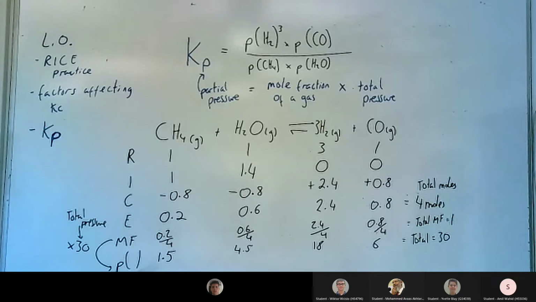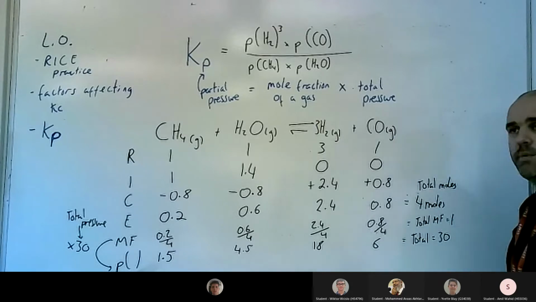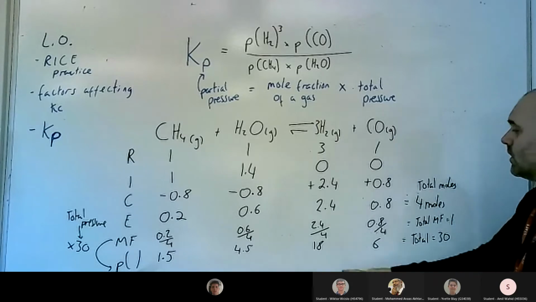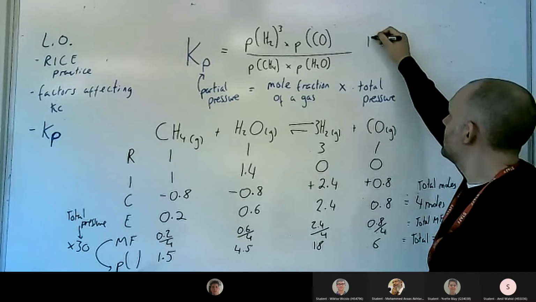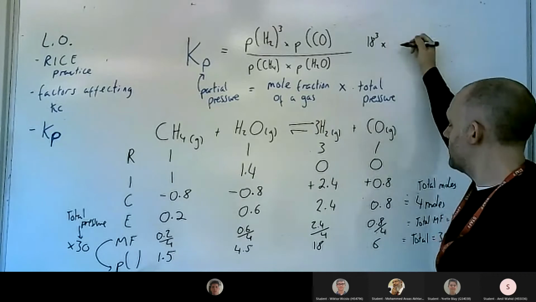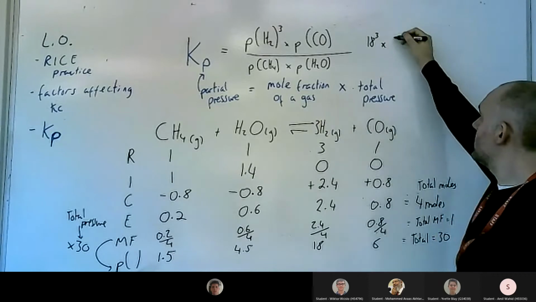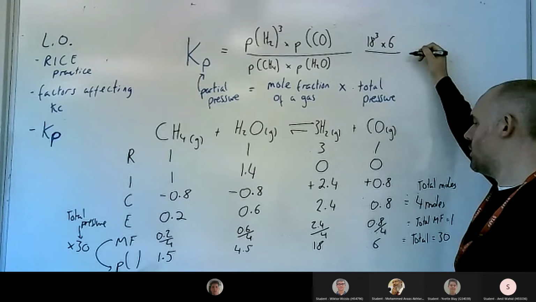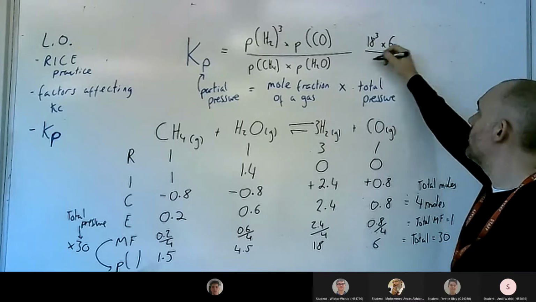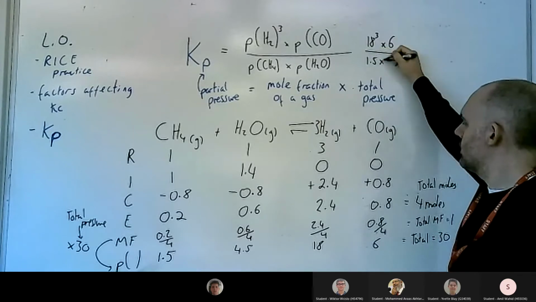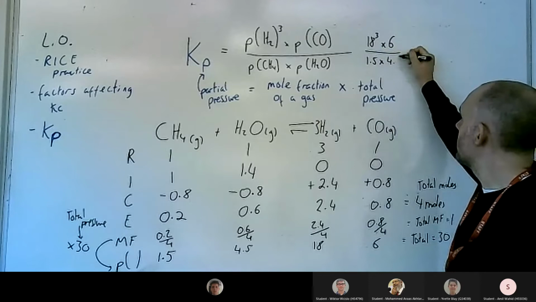Then you substitute those numbers into the top bit. After all that hard work, make sure you put the right one in the right place. So we've got 18 cubed times 6 times 1.5 times 4.